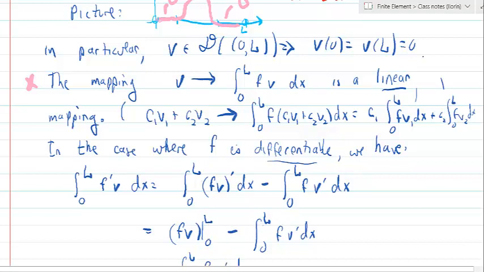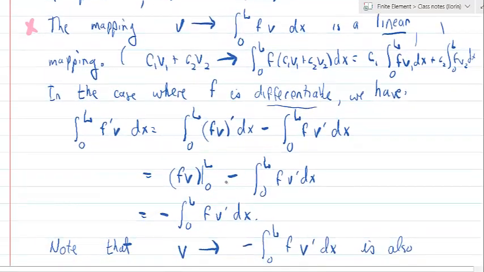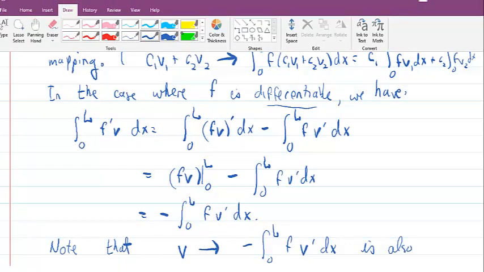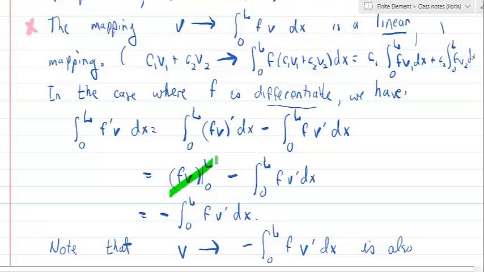Now, since v is a test function, the value of v at 0 and L is 0. So this term goes out, okay, since v is 0 at both endpoints. So we get this relation that the integral from 0 to L of f prime v is equal to negative the integral from 0 to L of f v prime.